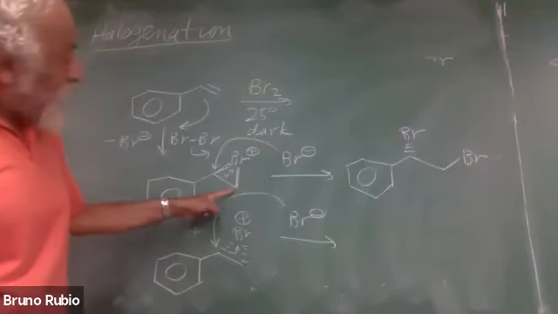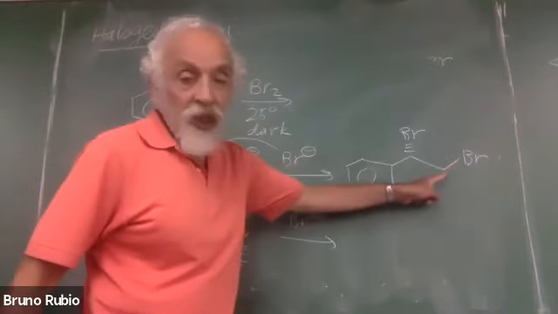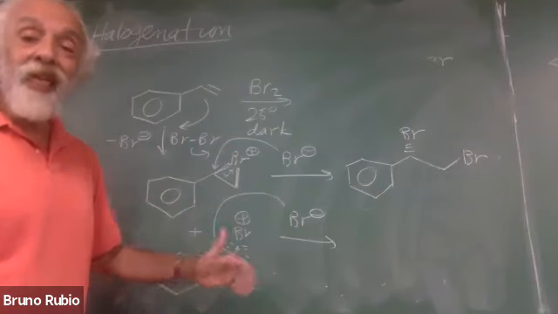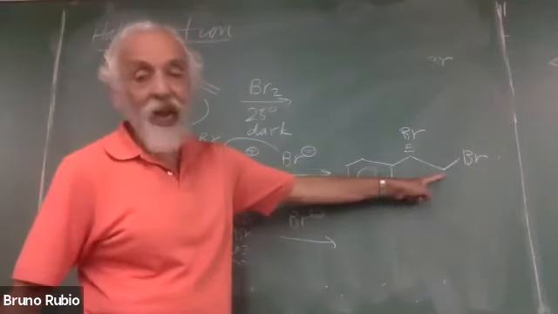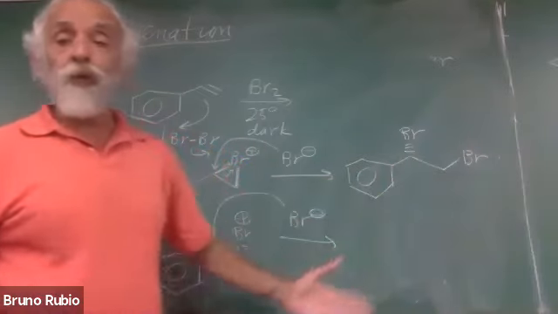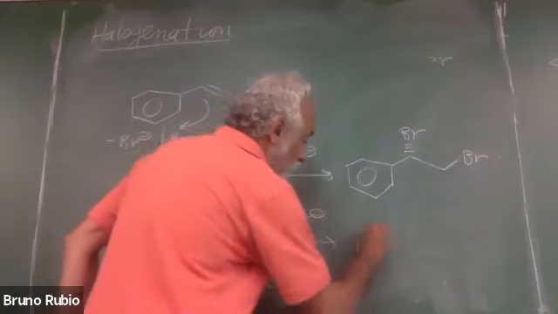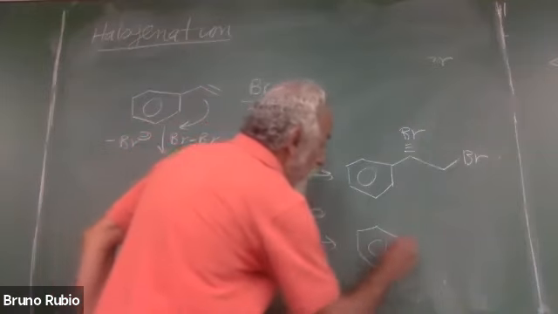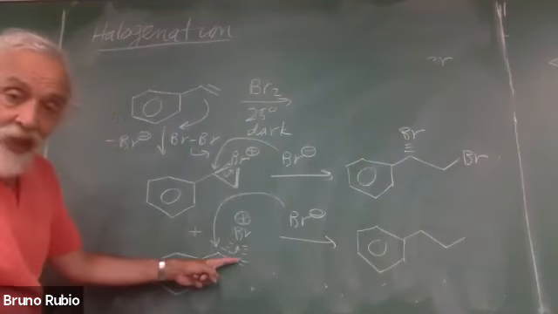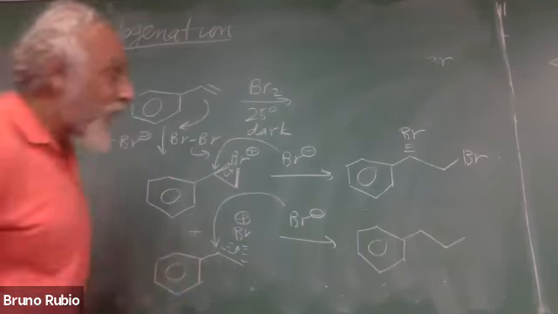Okay, now it's not wrong to put a wedge here. That's not wrong to put a wedge there. It's just meaningless because this is not a chirality center, right? So it's not wrong to put wedges there. It just doesn't mean anything. Down here, what happened is the Br was on dashes. The second Br came in on a wedge.